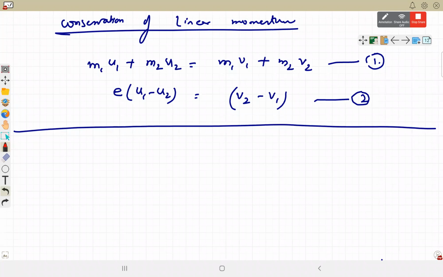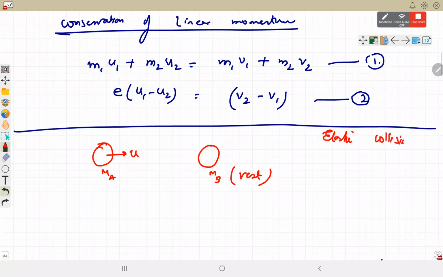It says that a particle of mass A collides perfectly elastically with another particle of mass B, which is at rest. So collision is perfectly elastic, and the second body is in a state of rest.